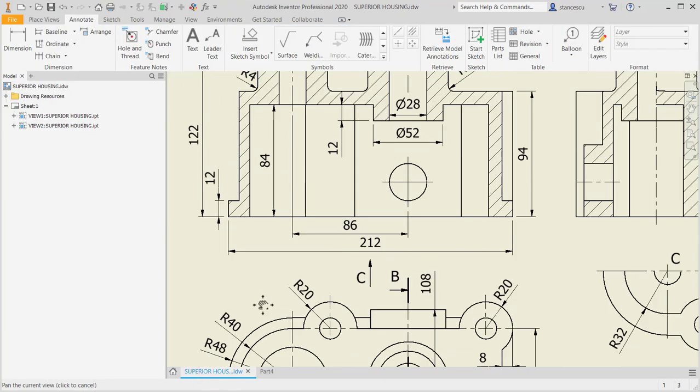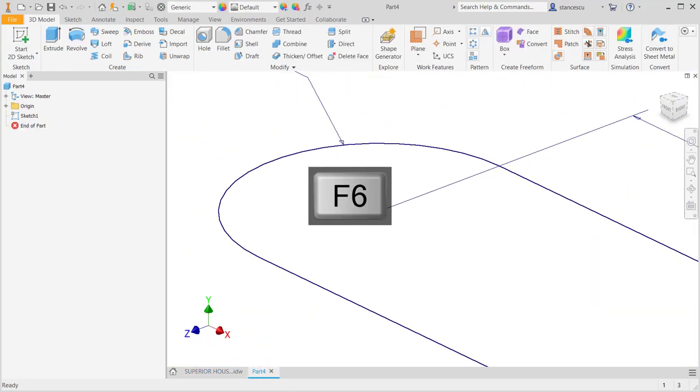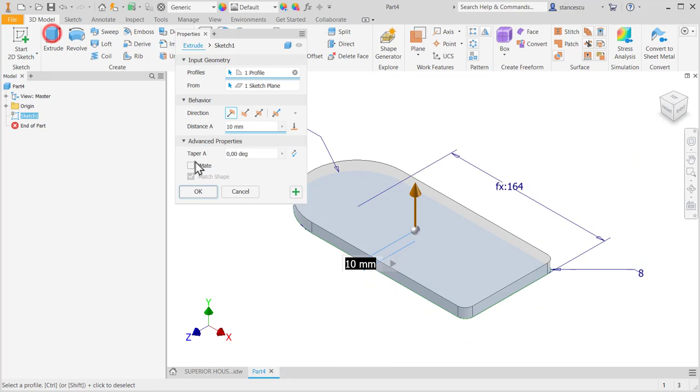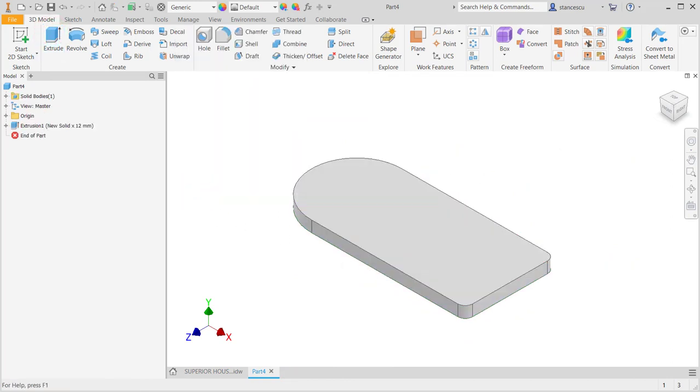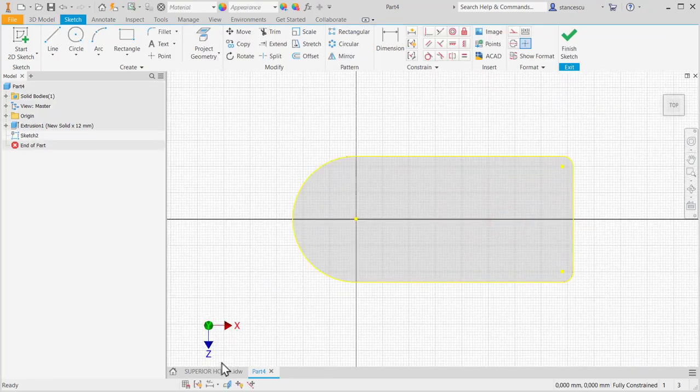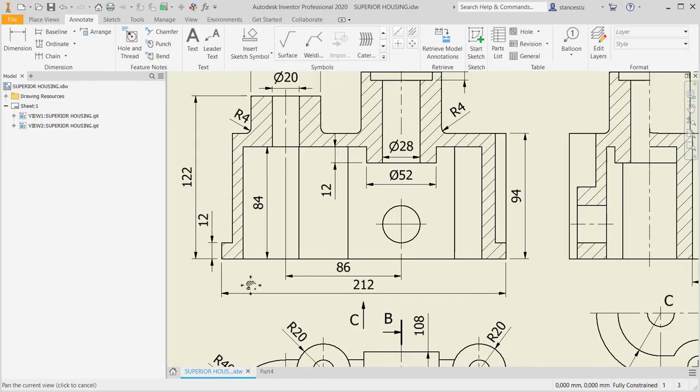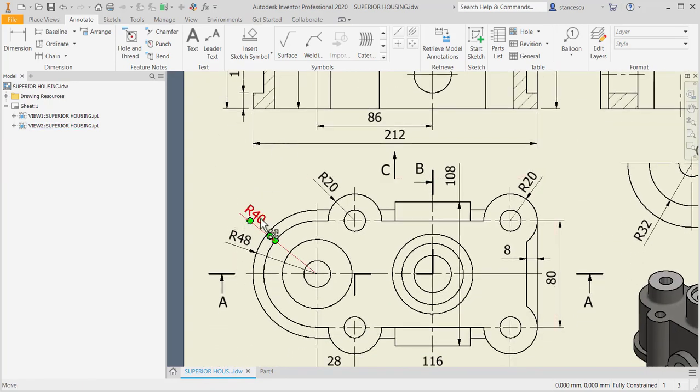12 is the extrusion. Okay. Then a new sketch with the body, which is with a radius 40 and 8.